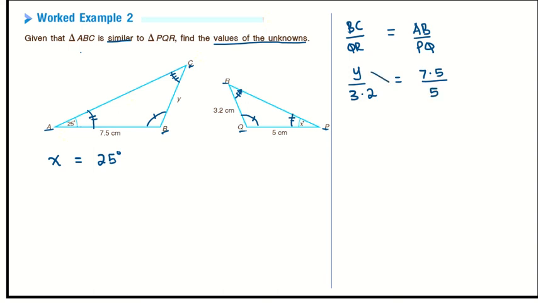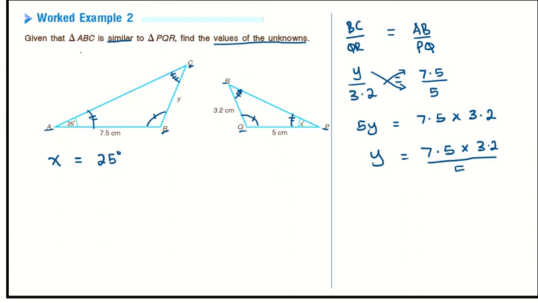So we will cross multiply. So we get 5y equals 7.5 times 3.2, and y equals 7.5 times 3.2 divided by 5, and this is equal to 4.8.